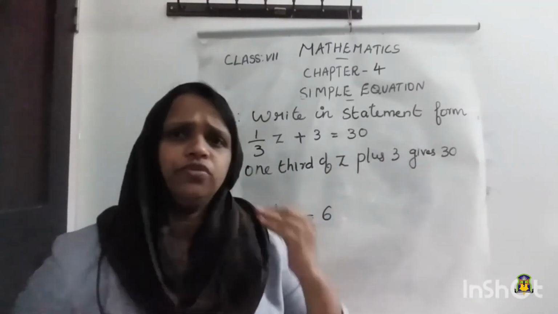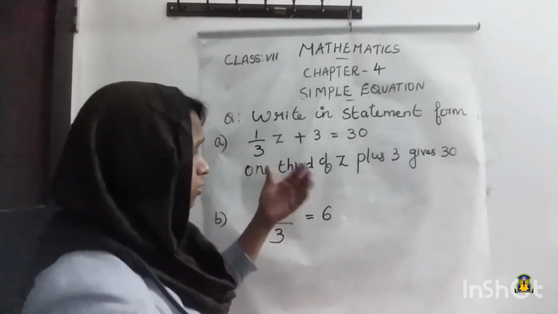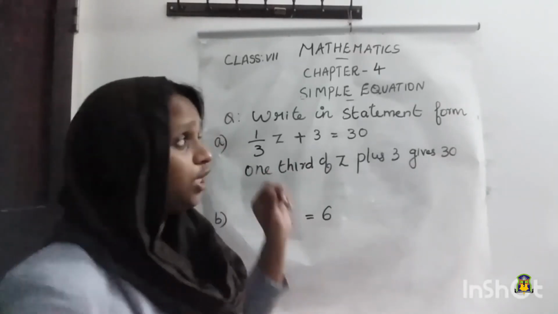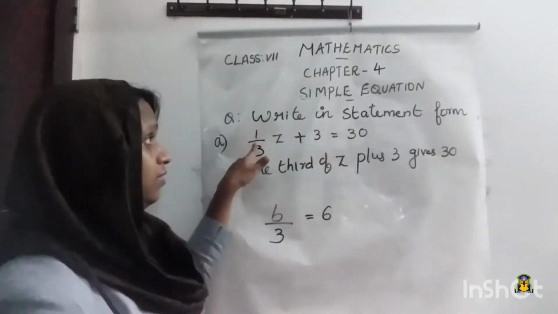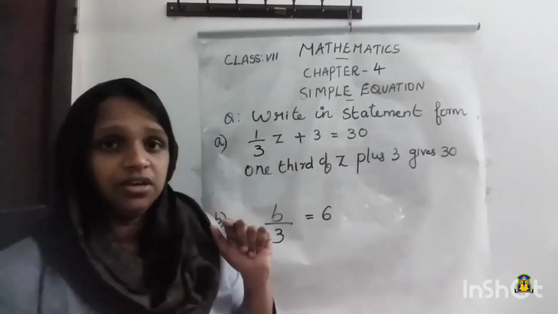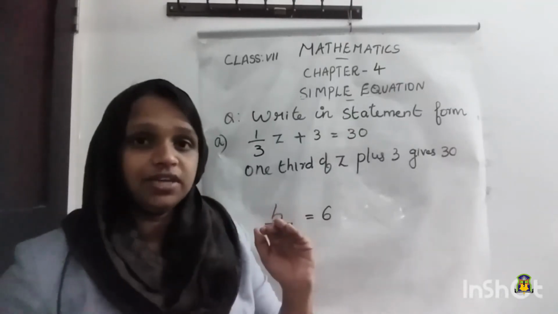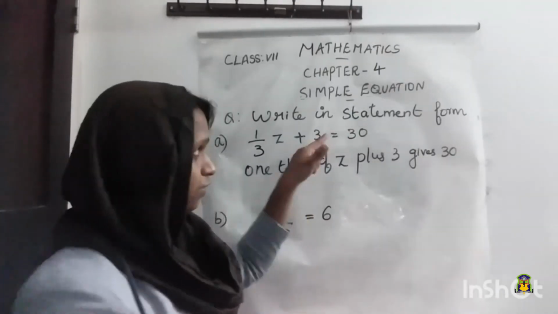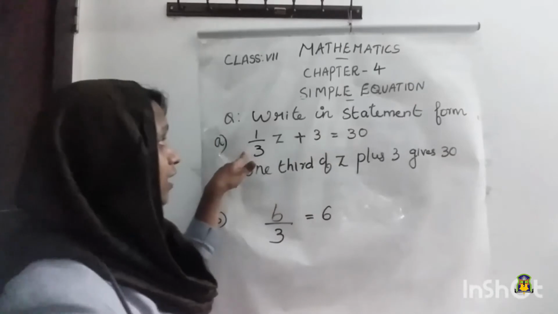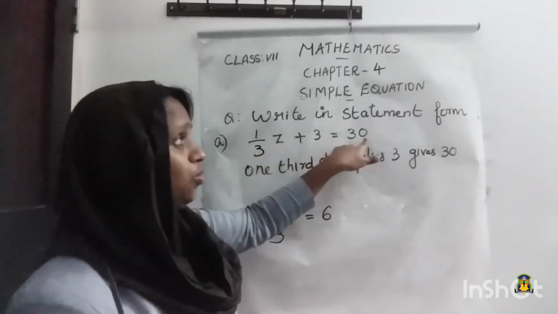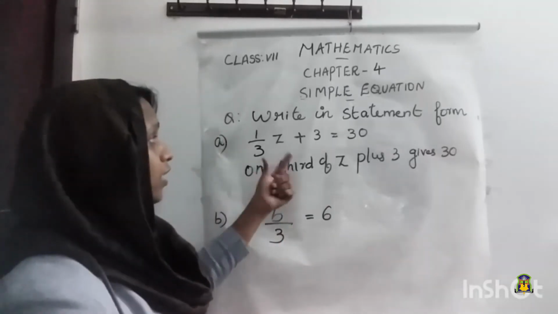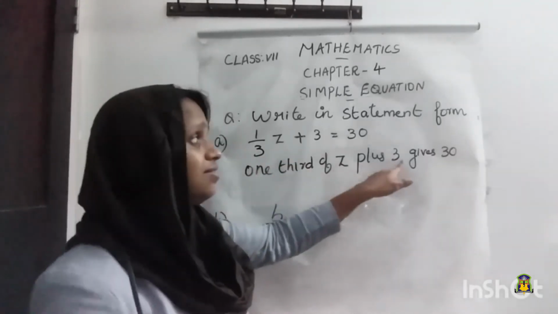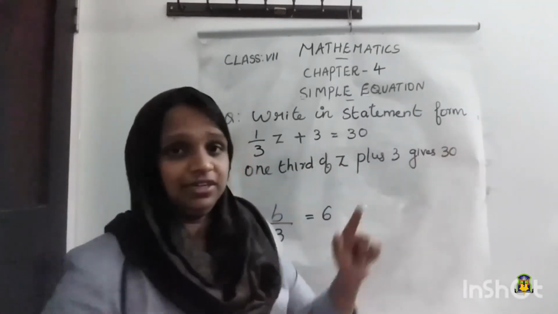You can write in your own statements. Otherwise you can write, if you add 3 to 1/3 of z, you get 30. Anyway you can write the statement, but it should be correct. If you add 3 to 1/3 of z, you get 30. Otherwise you can write 1/3 of z plus 3 gives 30.